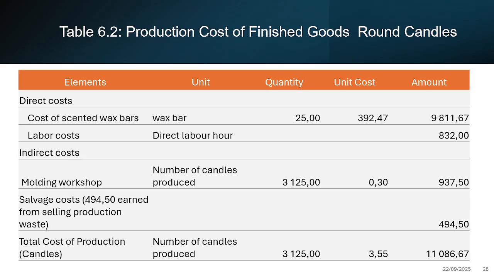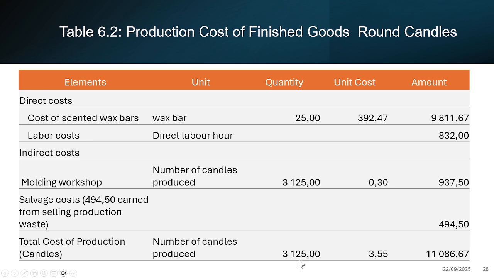Now we did the same for the production cost of the round candle, right? But for the round candle, we also calculate how many wax blocks were consumed. We know that 3,125 candles were produced.